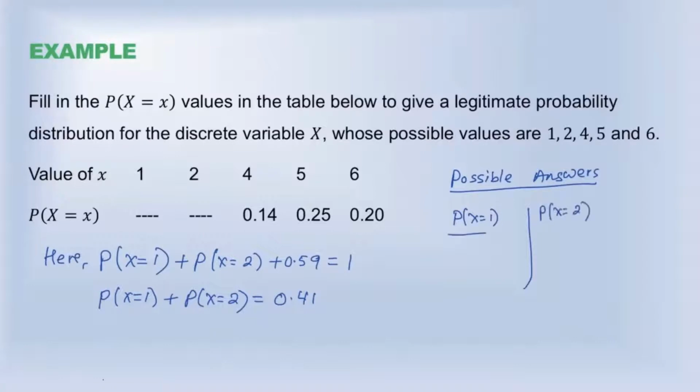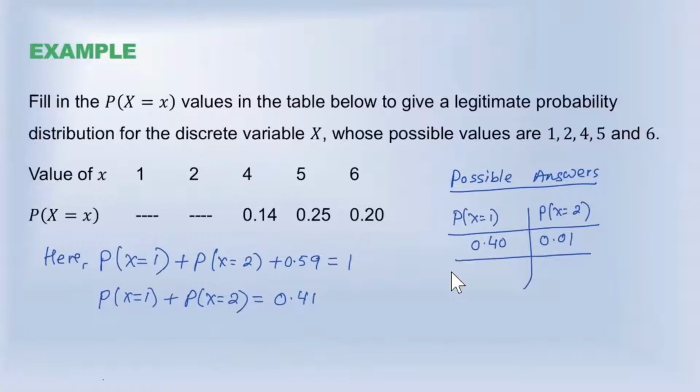The sum of those two should be 0.41. So it can be 0.40 and 0.01. Is it 0.41 if I add those two? Yes. So that is one possible answer. The values are between 0 and 1, and the total is 0.41. If you add that, it will be 1 again.